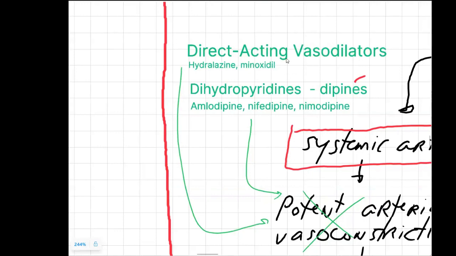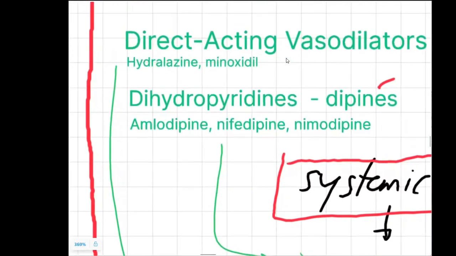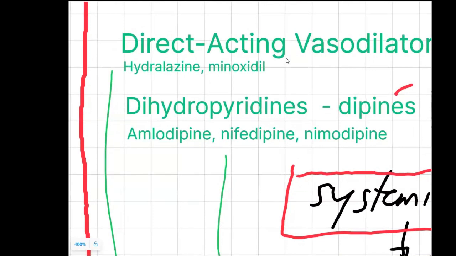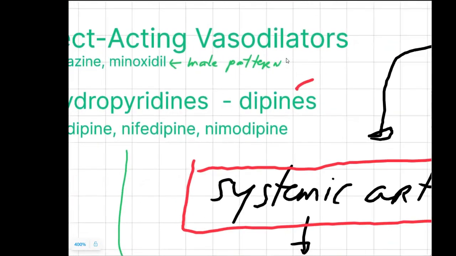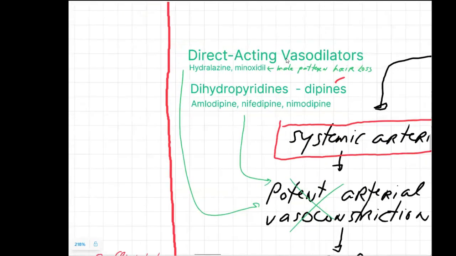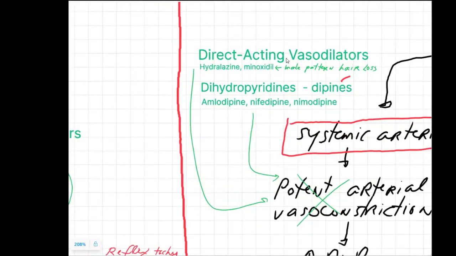Minoxidil, what's unique about this medication is that this is also used for male pattern hair loss. So it helps regrow hair in males. So if a male patient has hypertension and is balding, then minoxidil is a perfect medication for them.